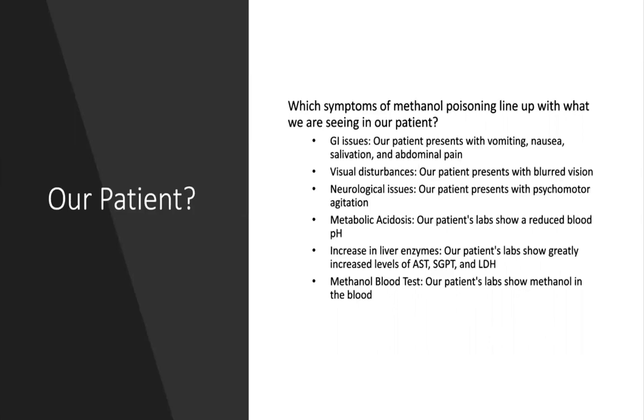So in our patient, they came in and presented with vomiting, nausea, salivation, and abdominal pain, which are very common GI issues associated with methanol poisoning. They had blurred vision, which is a common visual disturbance related to toxicity to the optic nerve.